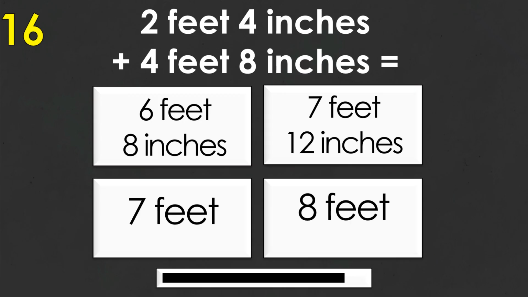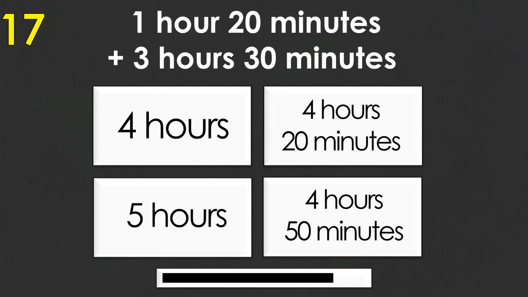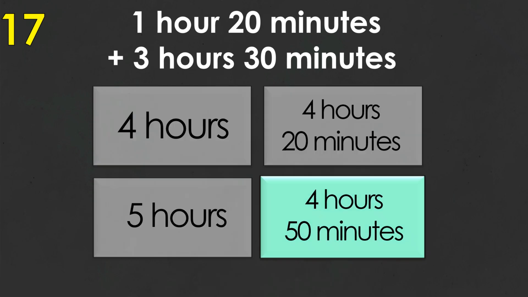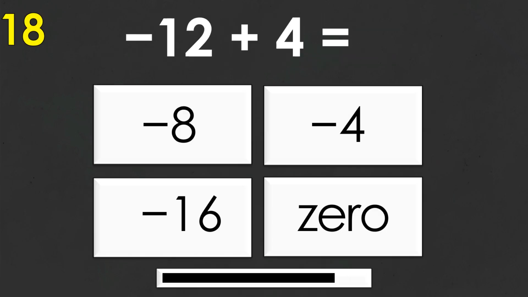Two feet 4 inches plus 4 feet 8 inches is equal to 7 feet. 1 hour 20 minutes plus 3 hours 30 minutes is equal to four hours 50 minutes. Minus 12 plus 4.